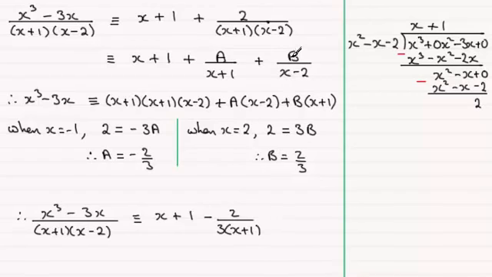And then looking at b, b is a positive value, so it can be plus 2 over 3 times x minus 2. Obviously it doesn't matter which way round you put these terms. You could obviously have x plus 1 plus 2 over 3 lots of x minus 2 minus 2 over 3 times x plus 1. Up to you, doesn't matter. But essentially that is the answer.